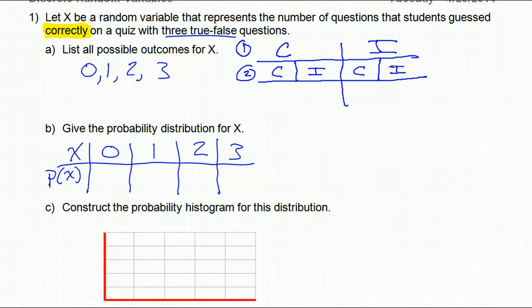So far the possibilities are: 1 correct and 2 correct, 1 correct and 2 incorrect, 1 incorrect and 2 correct, or 1 incorrect and 2 incorrect. So at this stage we have 4 possibilities.